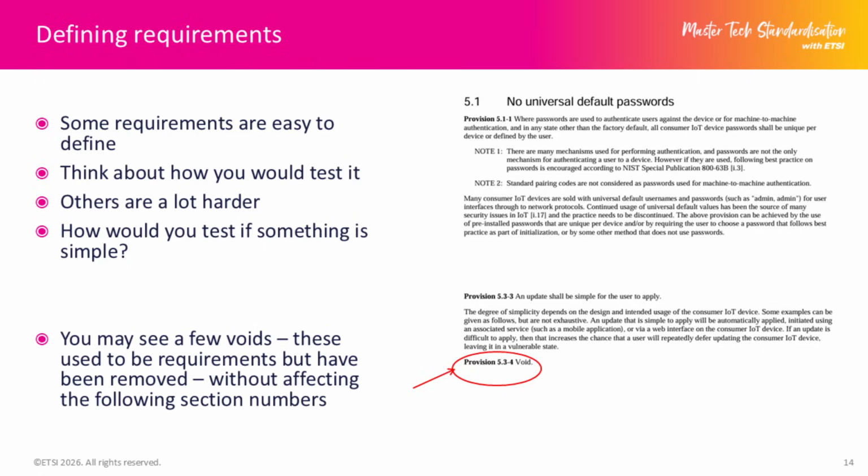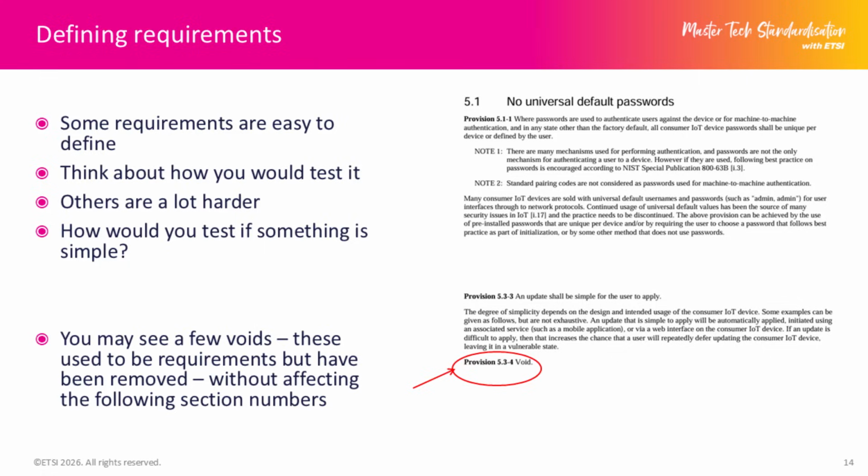And then finally, we'll often see this bit at the end, where it says section void. That used to be a requirement, but over time it's disappeared. So why have we still left a section in there? Well, it's so we can reference section numbers externally, and we know that they will never be changed.